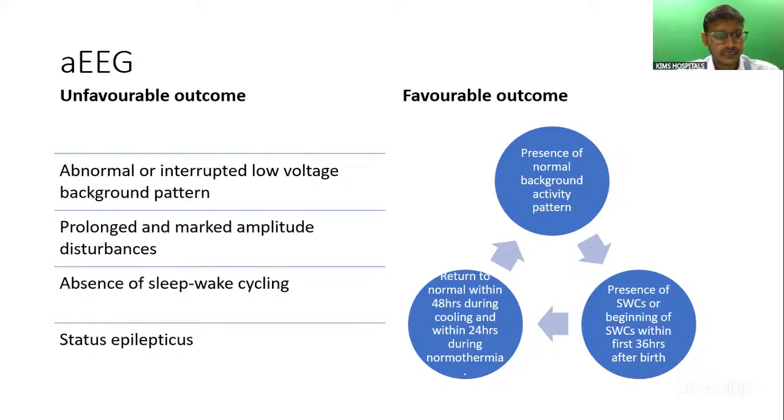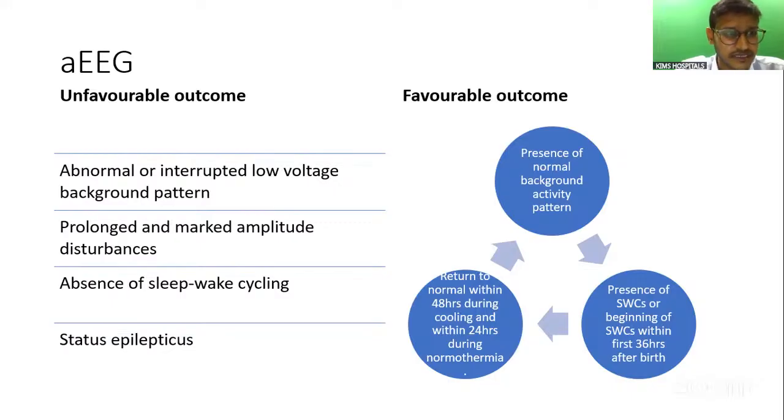So broadly, if you see amplitude EEG, there are few parameters which have unfavorable outcome and few which have favorable outcome. Unfavorable ones include abnormal or interrupted low voltage background pattern, prolonged and marked amplitude disturbances, and absence of sleep-wake cycle after 24 hours, 36 hours, 72 hours. If there is no sleep-wake cycle, it has a very poor prognosis.